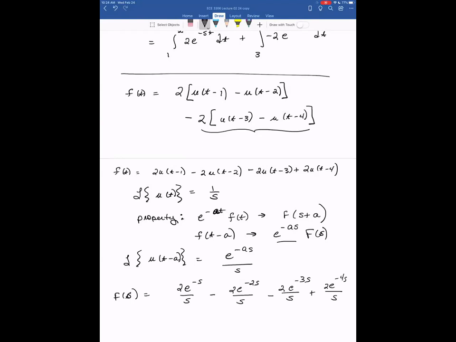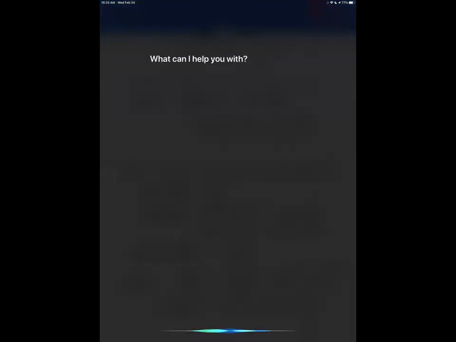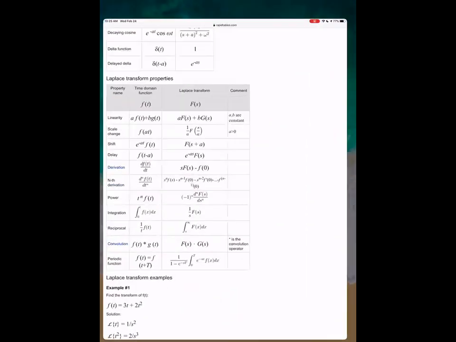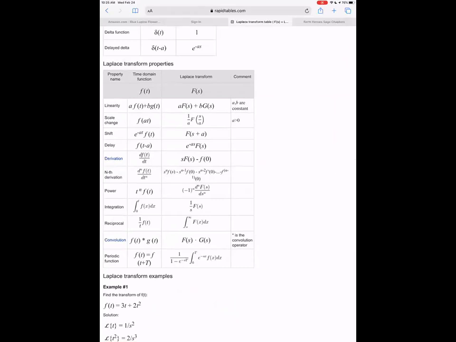And other than putting all of these with the common denominator of s, you can't really simplify beyond that. So you could simplify bringing in your 2 over s, e to the minus s, e to the minus 2s, e to the minus 3s, e to the minus 4s. Okay. So that is the property. Now let's go back and look at that on the table. It has a clear expression of that property.